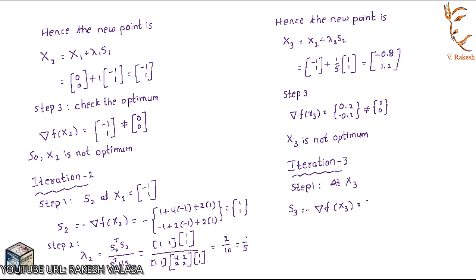This x3 means minus 0.8 and 1.2. These two values substitute in delta f, you can get delta f of x3. That value is minus 0.2.